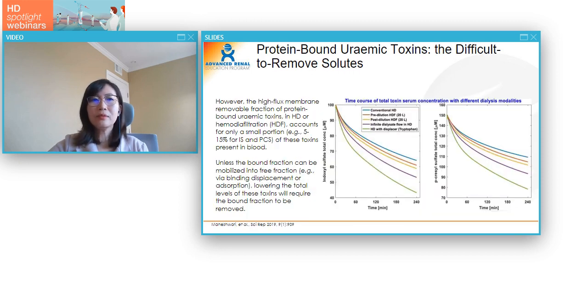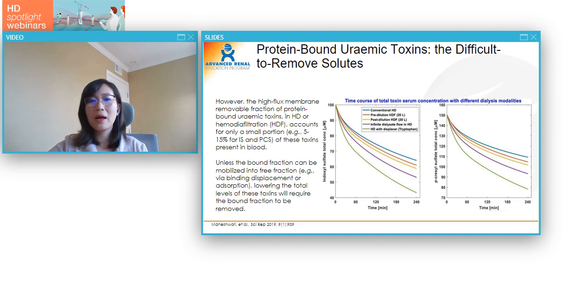So now we come to the part where current hemodialysis technology really has problems with removing the protein-bound uremic toxins. To be clear, the dialyzer membrane does remove part of these toxins, but only the free fraction of them, and primarily through diffusion. But unfortunately, this free fraction is very small in blood.